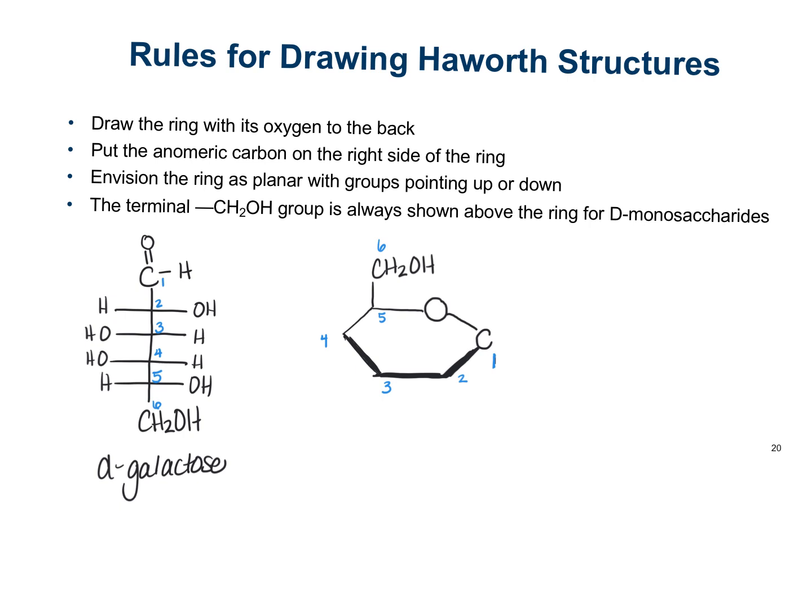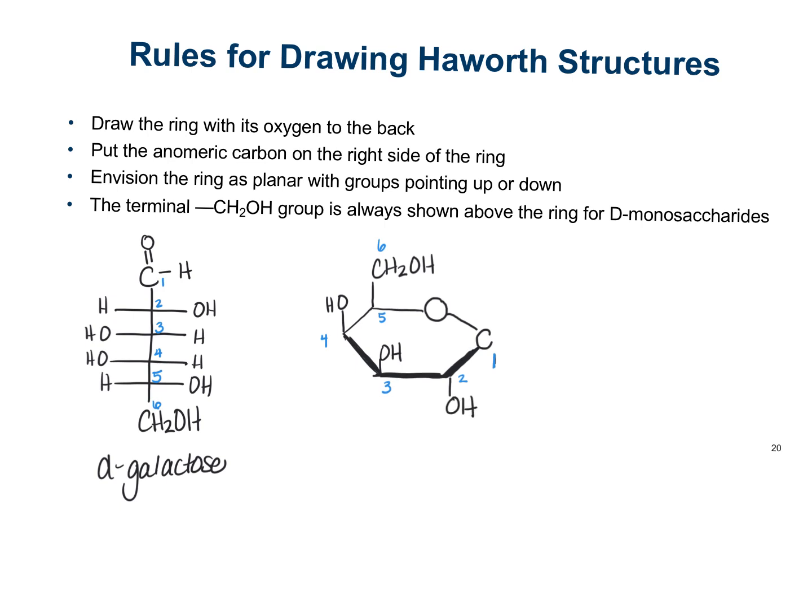And so we would come here and we would say, there's an OH here in the 4 position, and there's an OH here in the 3 position. Then in the 2 position, there's an OH here.